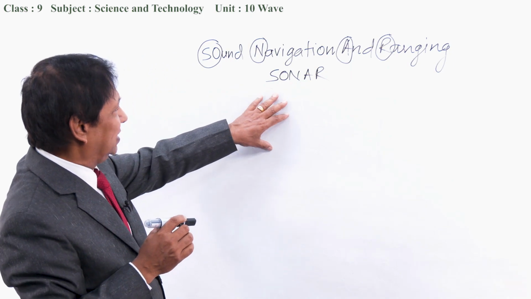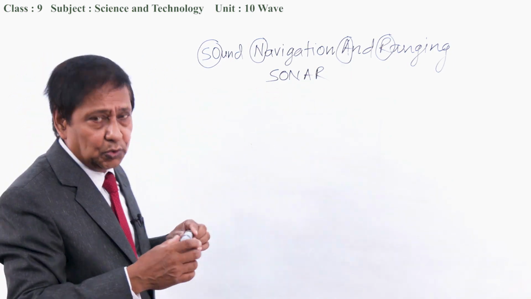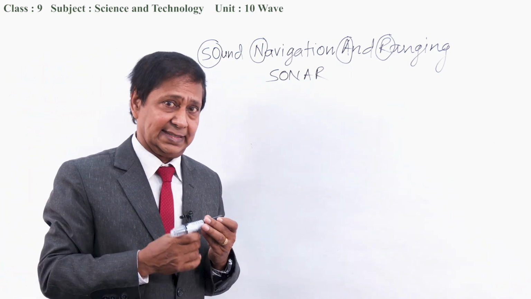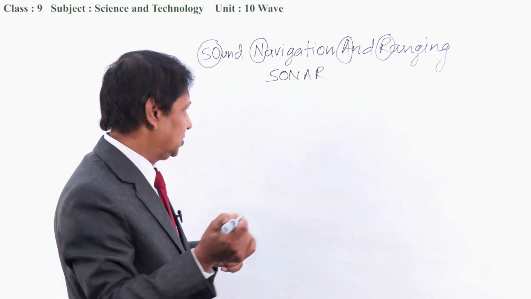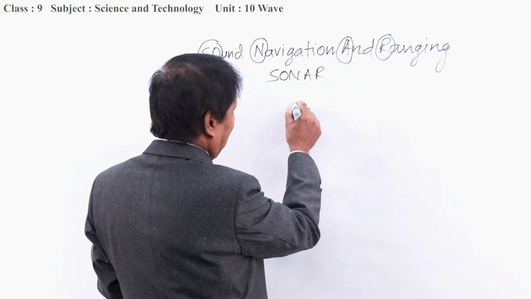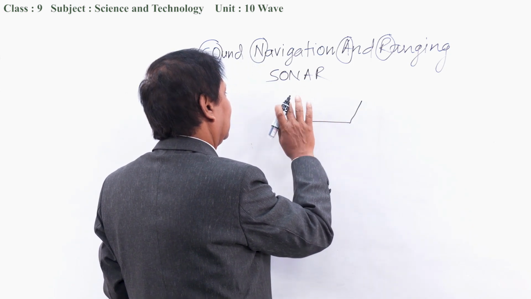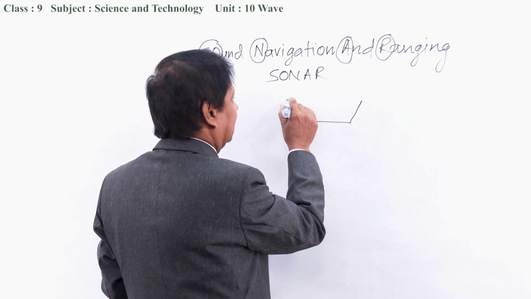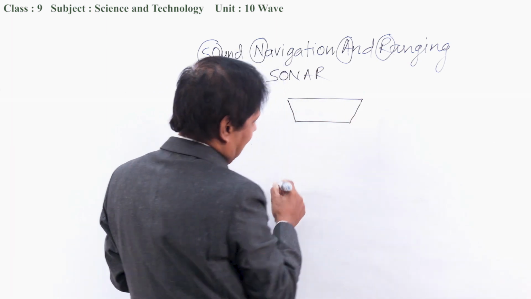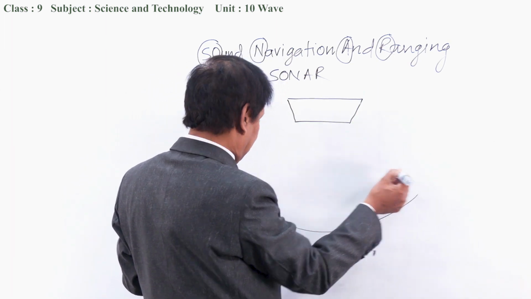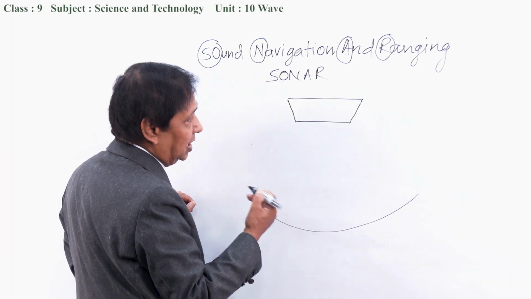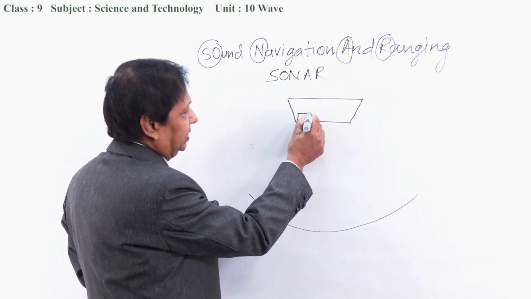This technology is used to find the depth of the sea. How? I want to tell you a little more. Let's say this is a ship moving in the sea, and this is the depth of the sea, the seabed. There are two machinery parts.